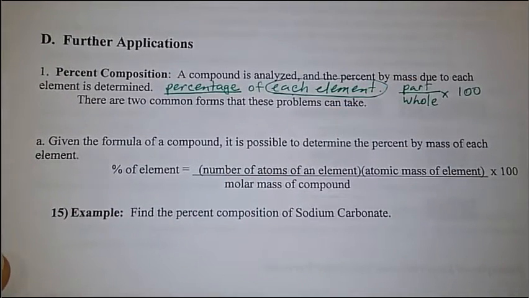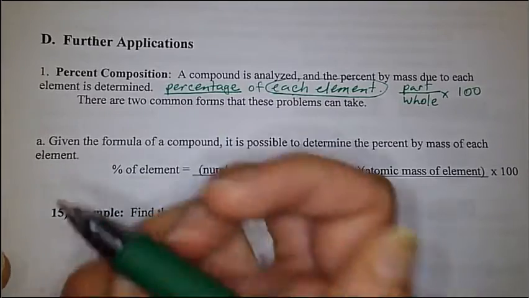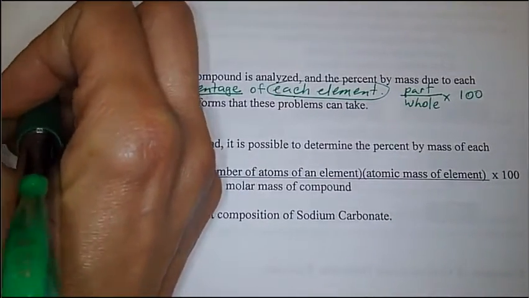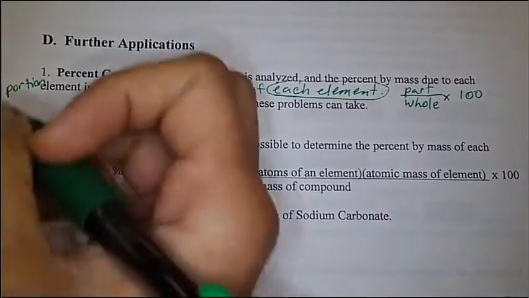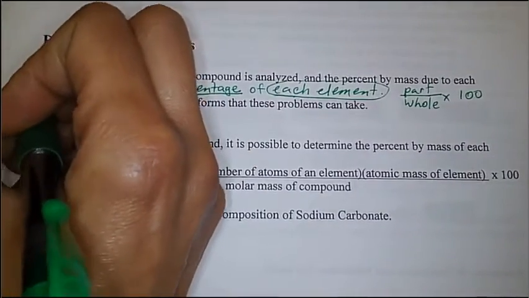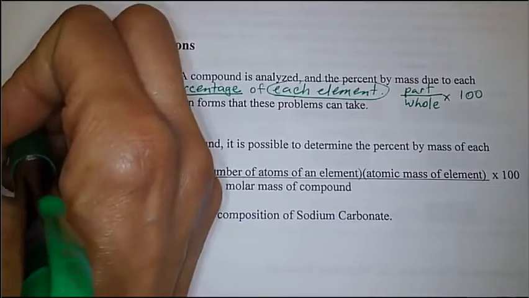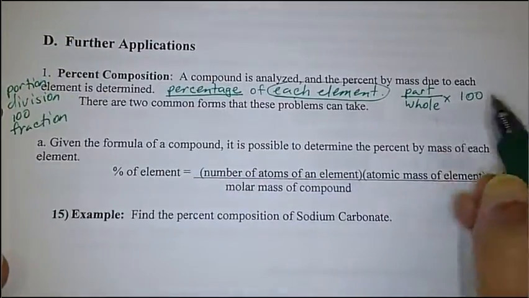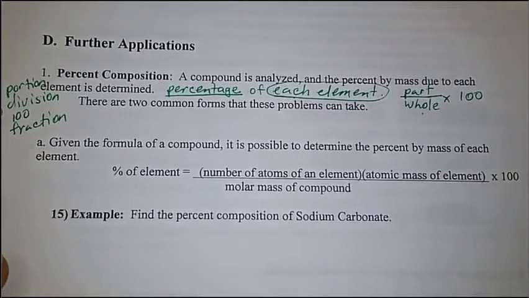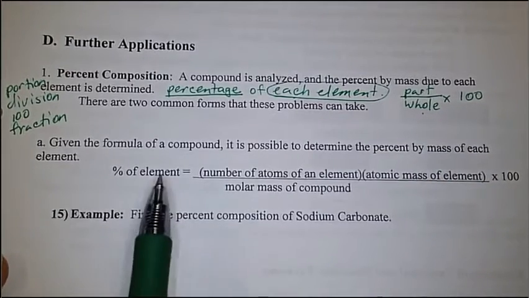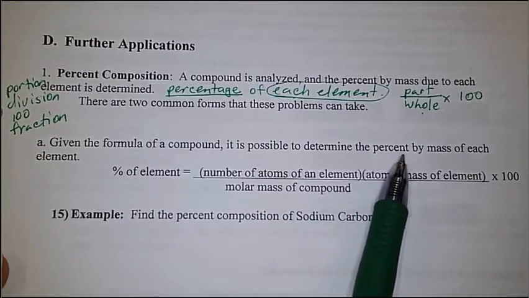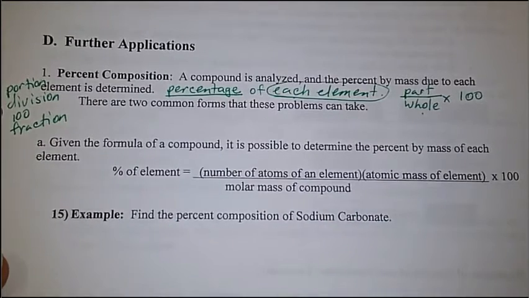So whenever we talk about percent composition, think of it as if you're talking about portions. Maybe there's division in there. There's always 100%. If that even bothers you, then think of it in fractions, part over whole. Okay? So the formula: given the formula of a compound, it is possible to determine the percent by mass of each element.